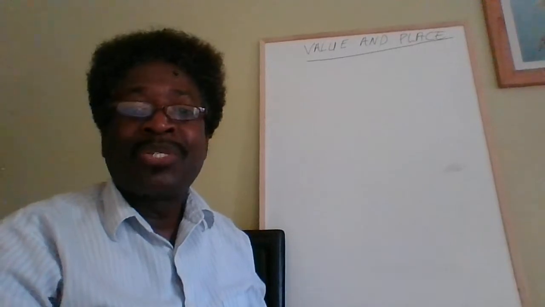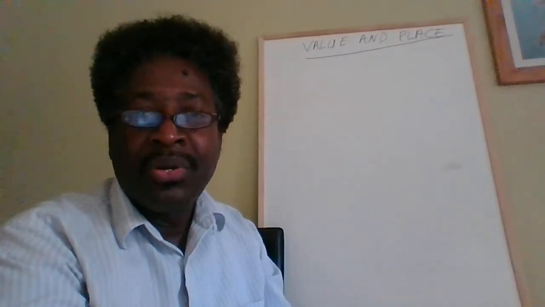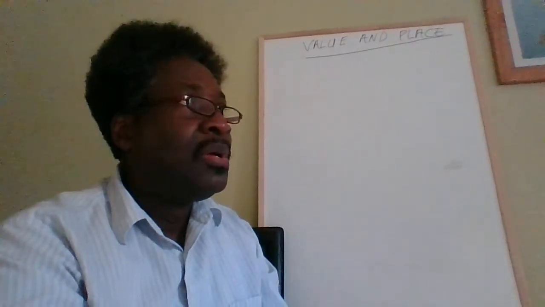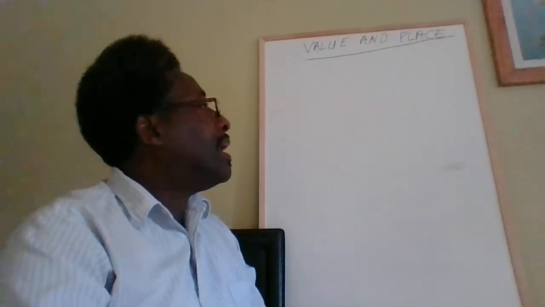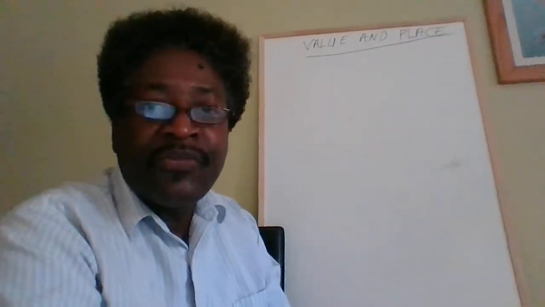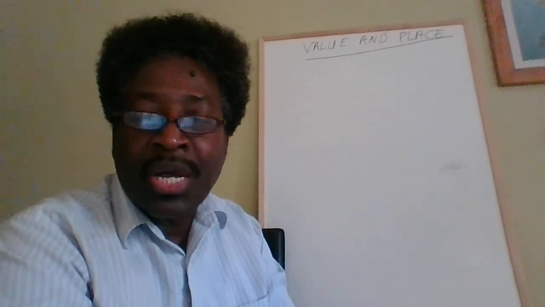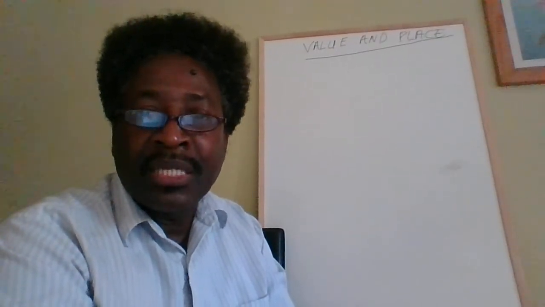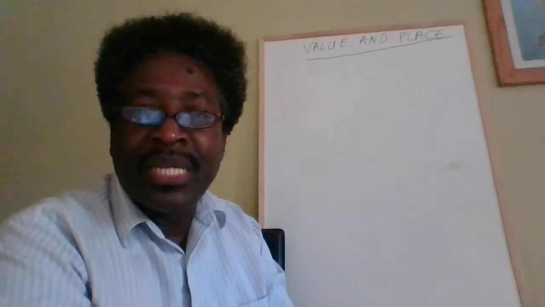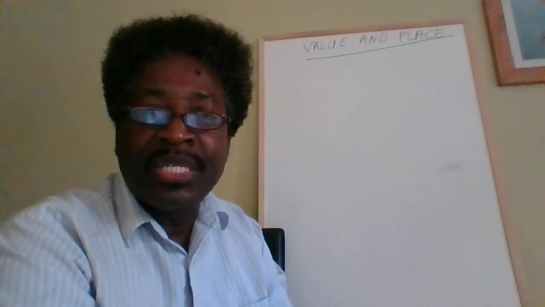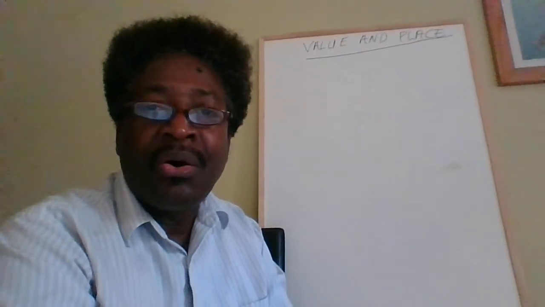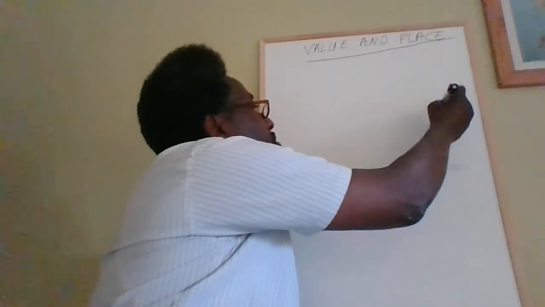First of all, let's talk about place value and value. Now, the smallest place value, before we go into decimals, we're not going to talk about decimals today. Let's ignore decimals. So apart from decimals, the smallest place value is the units, or some people call it the ones. Units.